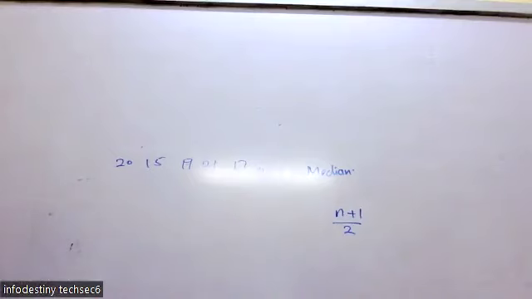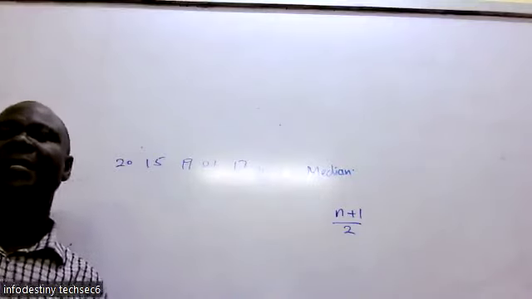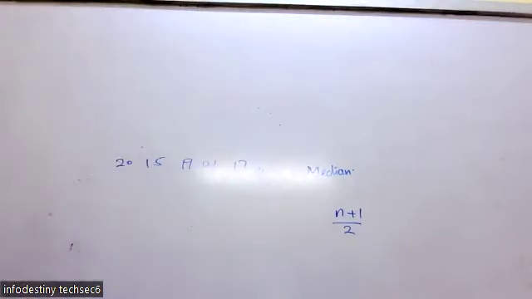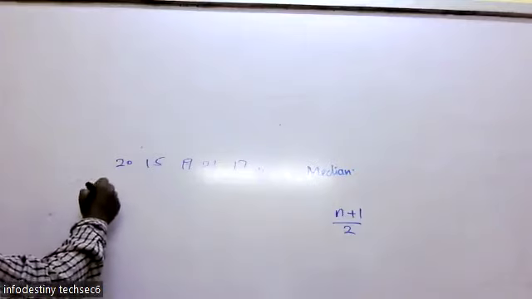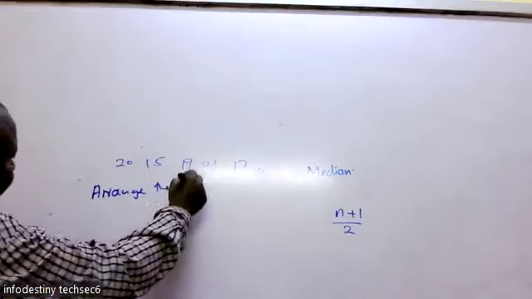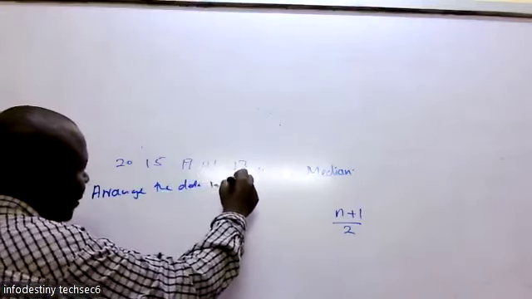Now, when you're told to find the median age and you're given the data like that, the first step is to arrange this data in ascending order or descending order. So you say first arrange the data in ascending order.